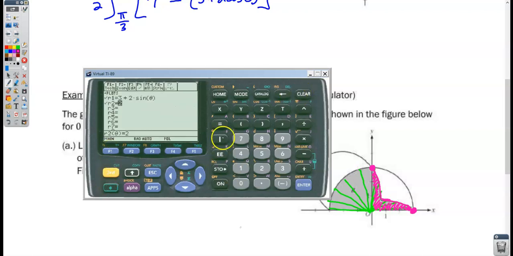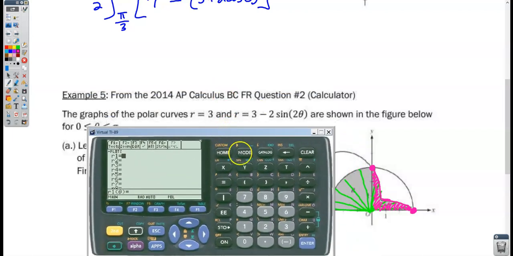So we go to y equals, clear it out, got r equals 3, and r equals 3 minus 2 sine of 2 theta. And I'm graphing this from, let's go from 0 to 2 pi.